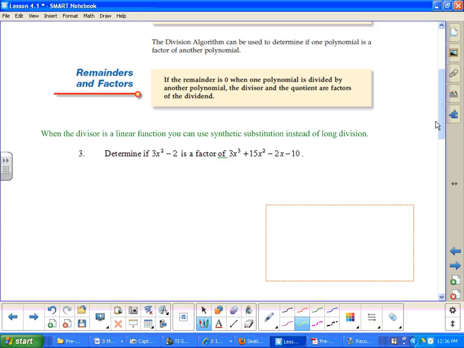So the remainders: if the remainder is 0, when one polynomial is divided by another, the divisor and the quotient are factors of the dividend. So when the divisor is a linear function, you can use synthetic division instead of long division. Well, here they're asking, is 3x squared minus 2 a factor of that cubic function? And the only way to find that out is to actually do long division and see if we get 0 for our remainder.